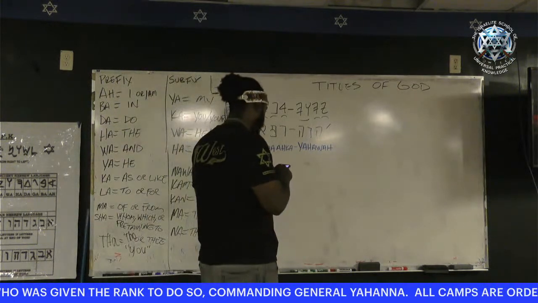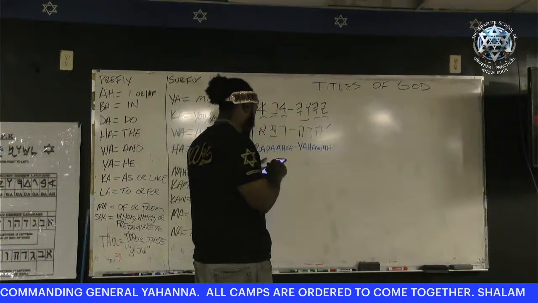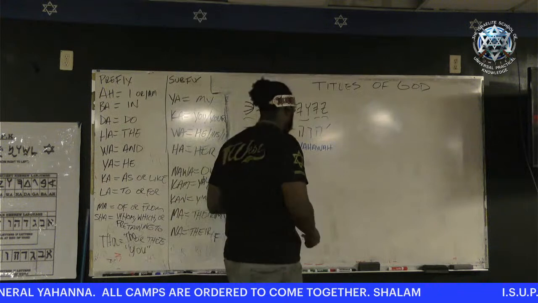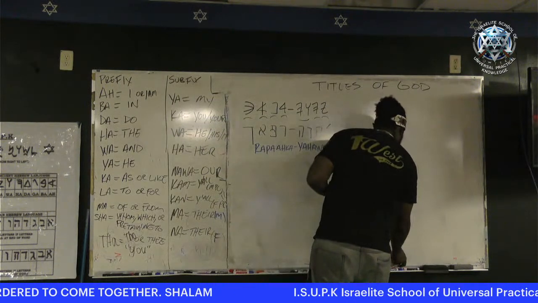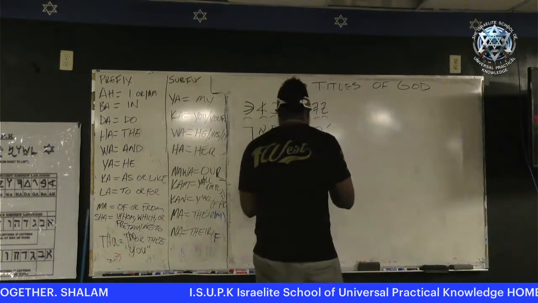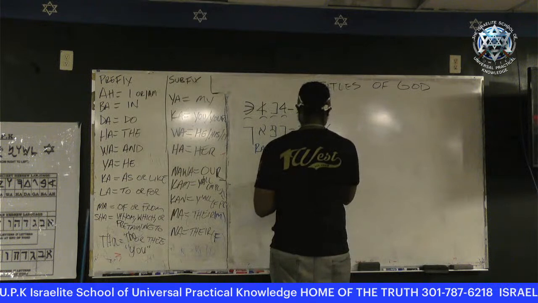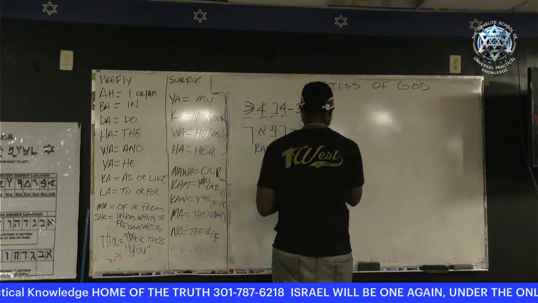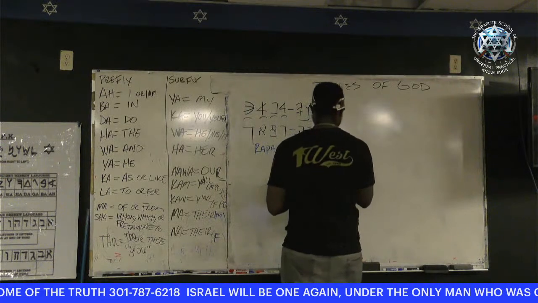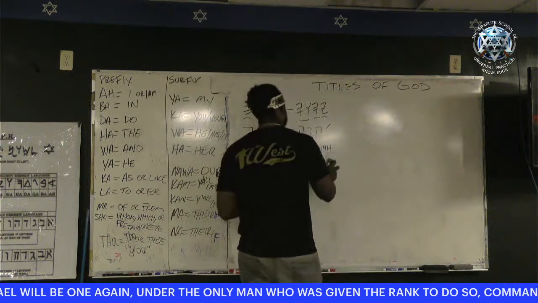So we already have one name. We have Yahweh, which everyone should know is the actual name of the Most High God. I'm just gonna put the Most High, or you can say the existing one. I'll just put the Most High. That's all that matters.